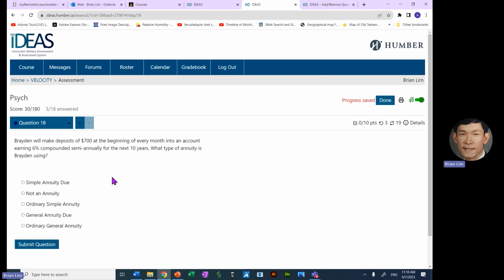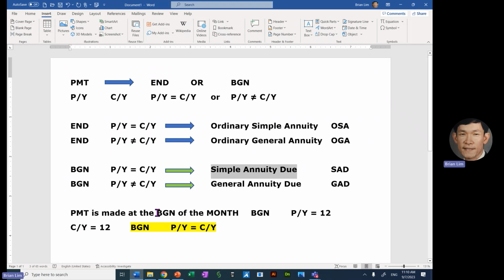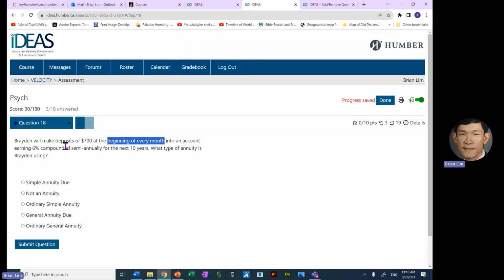Now let's go to the next question. Here the deposits are made at the beginning of every month, but the compounding is semi-annually. So remember, beginning of every month, so we have begin and PY is 12. But the compounding is semi-annually. Is that what it said?